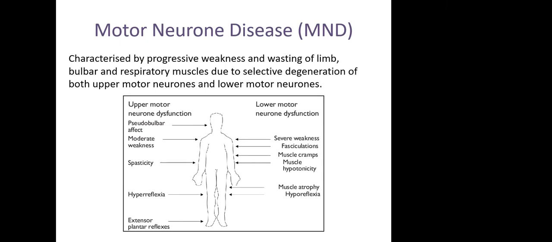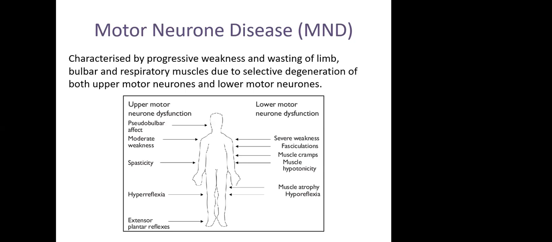Again, not an expert, but in terms of a brief summary, motor neuron disease is characterised by the progressive weakness or wasting of limbs, bulbar and respiratory muscles due to the selective degeneration of both upper and lower motor neurons. One of the most common types that we will all come across is the ALS type of motor neuron disease, which is often referred to in America as MND.